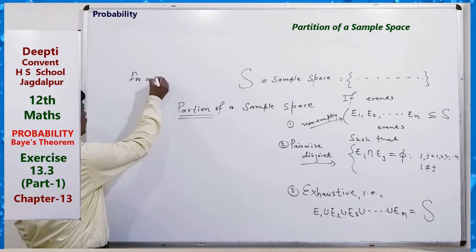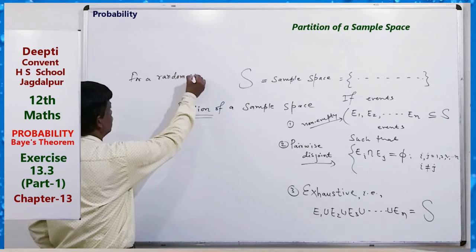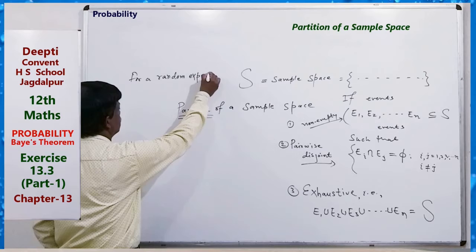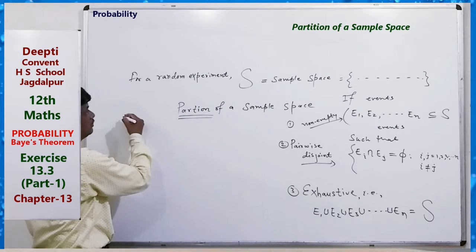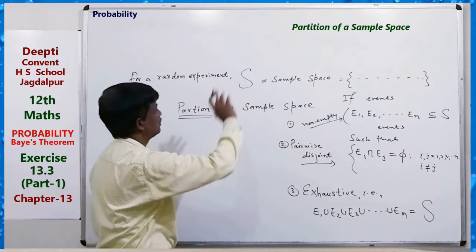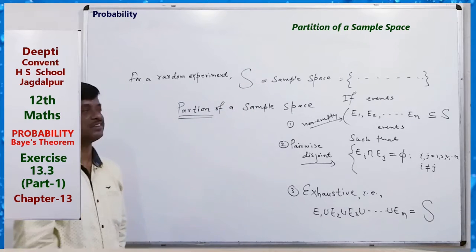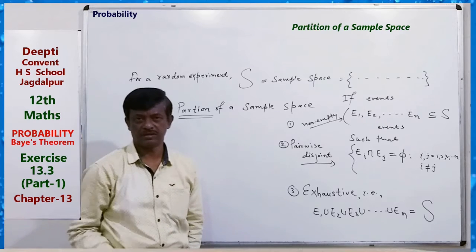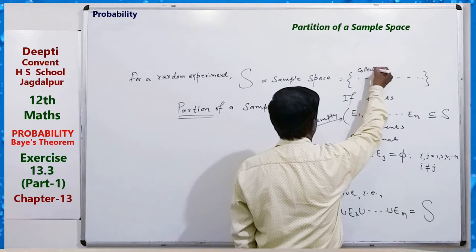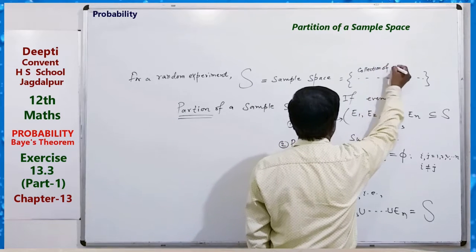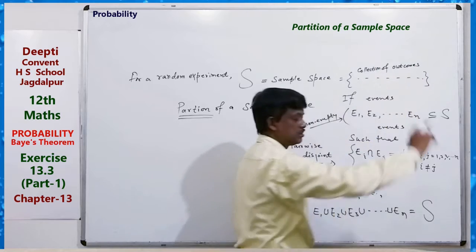For a random experiment, S is the sample space. Sample space means what? A collection of outcomes.